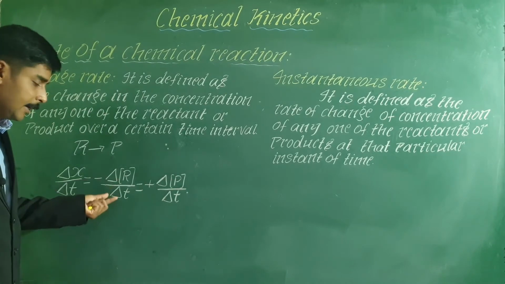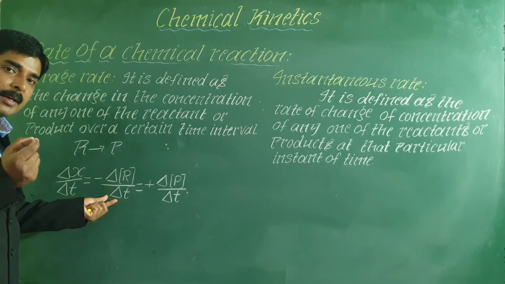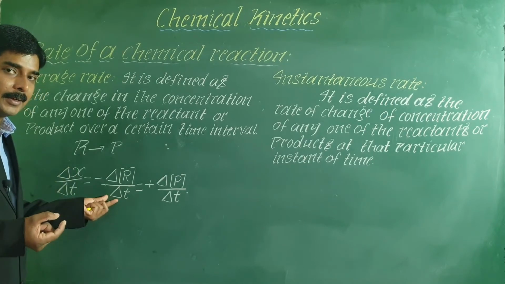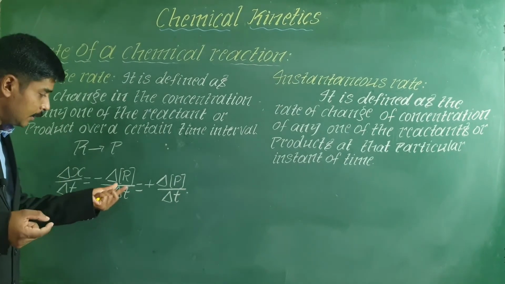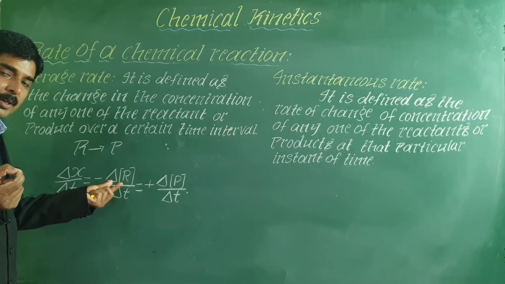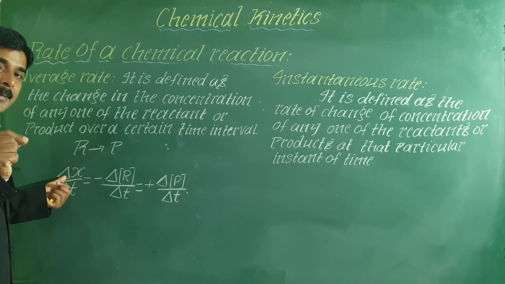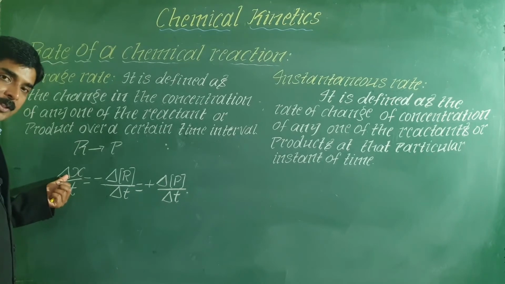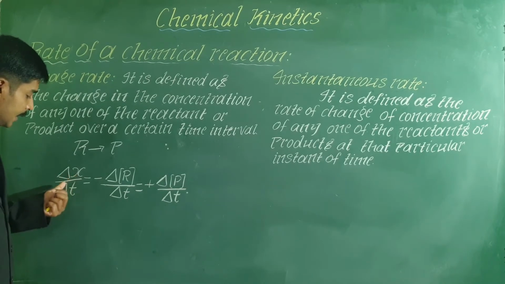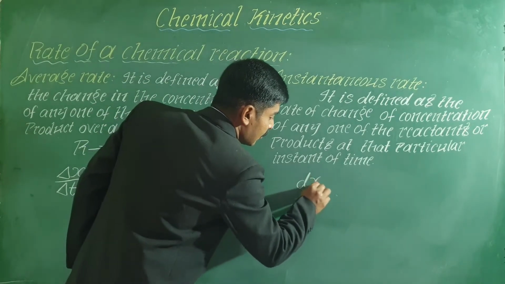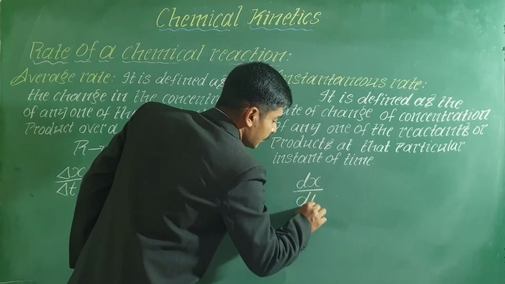We use this delta for a larger change, that is when we measure average rate. When the change is very small, we use the symbol d. So for instantaneous rate, we represent it as dx by dt.